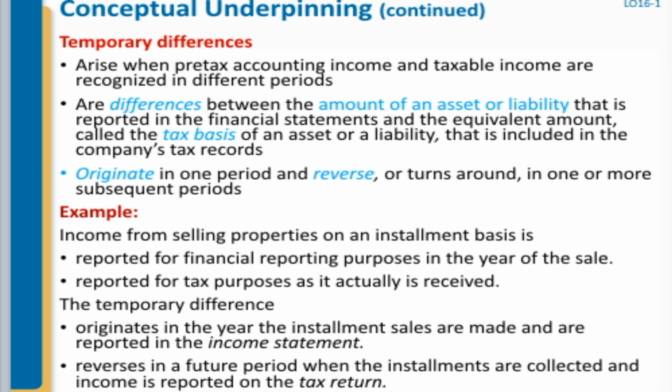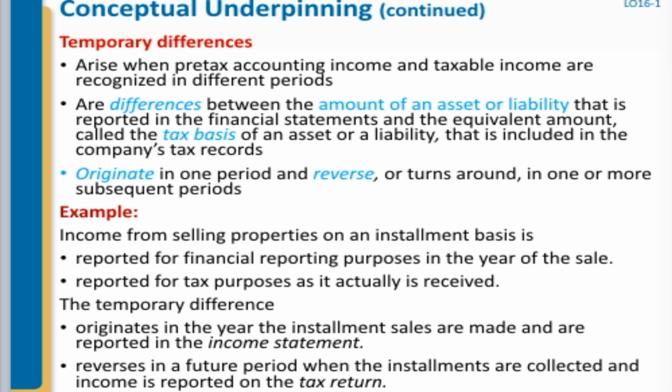So if you don't have to recognize that this year, but you will next year, and on financial statements you did recognize that income this year, well, we want to match the tax liability of the income on our financial statements. We want to match the tax liability in the same period as the income, okay? Because if we don't, we're not following the matching principle.